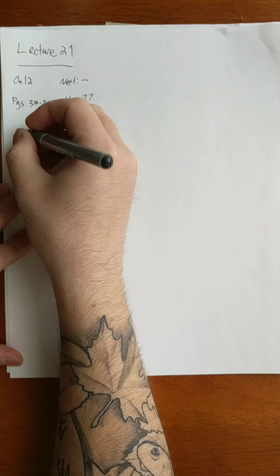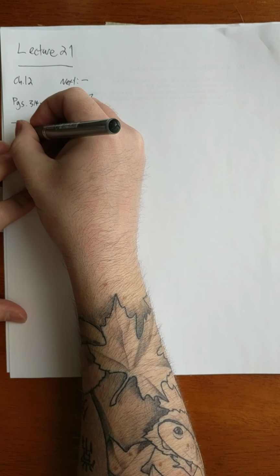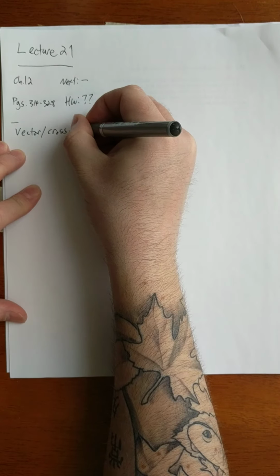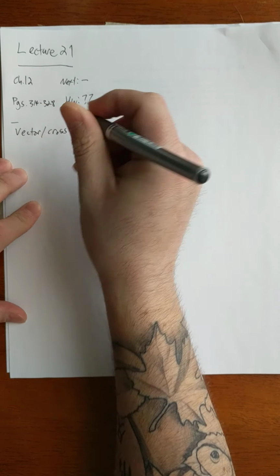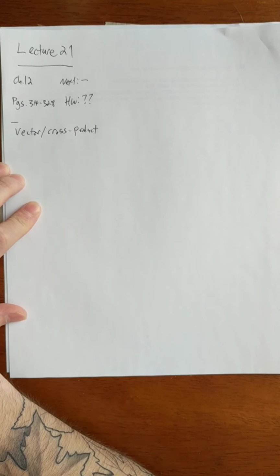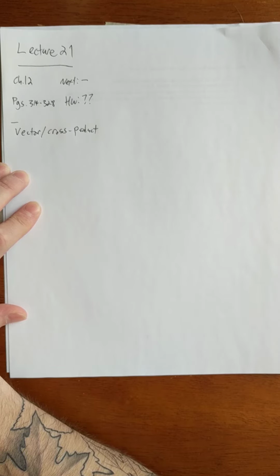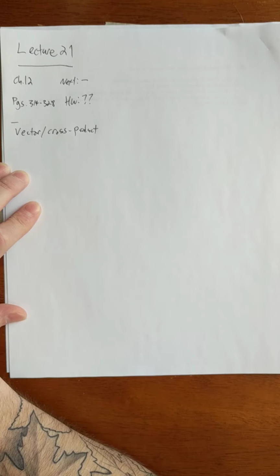Okay, so today we're going to go over the vector or cross product. It's a new type of algebraic operation between two vectors. Before we saw what was called either the scalar product or the dot product. This is a different type of vector multiplication, so we're going to learn about that today.